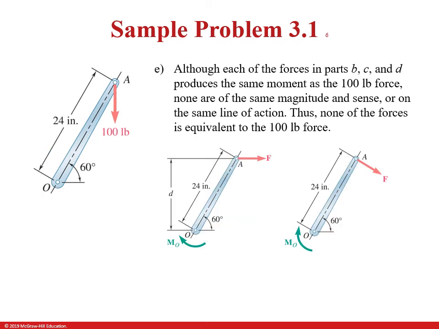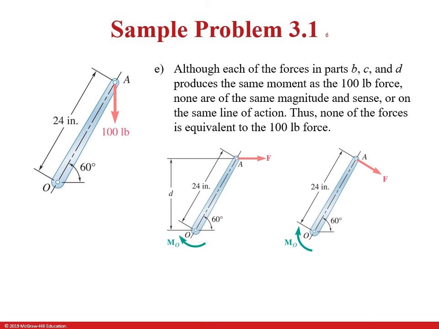All right. So remember, in parts B, C, and D, we produce the same moment as the 100 pound force. We had the 100-pound force at A, we had a horizontal force that we figured out, and we had a perpendicular force that we figured out. But notice here, none of these are the same magnitude and sense or same line of action. So the forces are not equivalent.